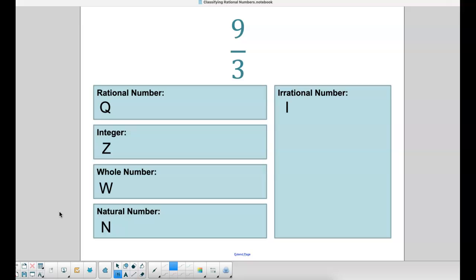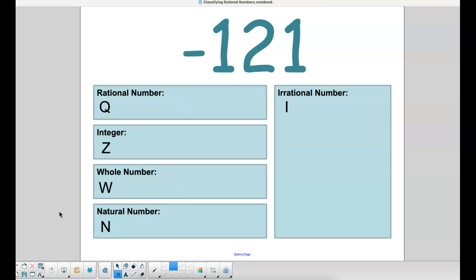9/3. What does 9/3 simplify to? 3. Can you naturally count to 3? Yes. So if we put it here, it is all of those. So 9/3 should have been in all of those categories. Negative 121.